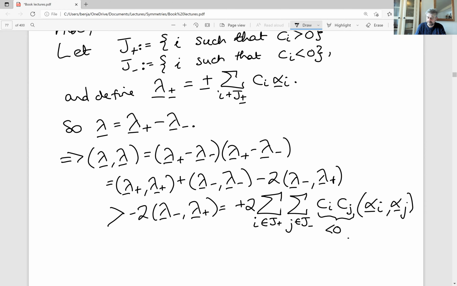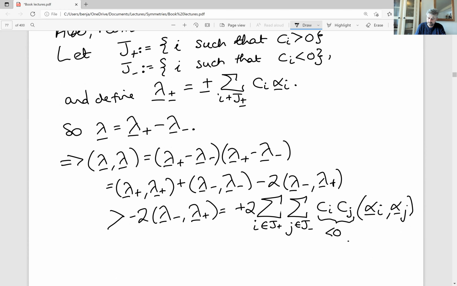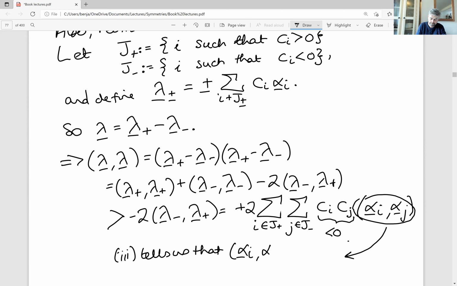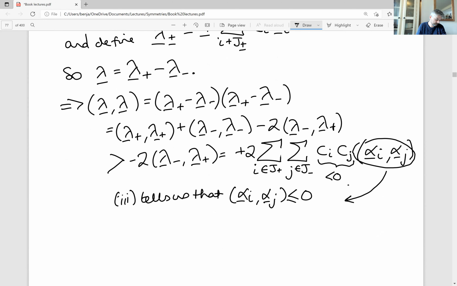And property 3 actually tells us that (alpha_i, alpha_j) is less than or equal to 0. But for simple Lie algebras, it has to be less than 0.